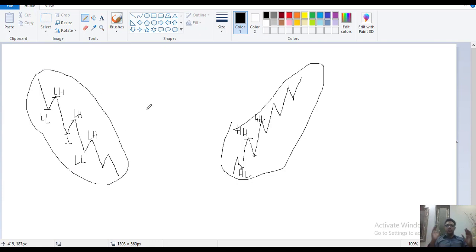So when exactly do we know that the price is about to change? There are certain criteria and certain rules that we can look at. So listen carefully and do recognize this. When it is making new lower lows and lower highs, there will be a point in future when it will make a new higher low.